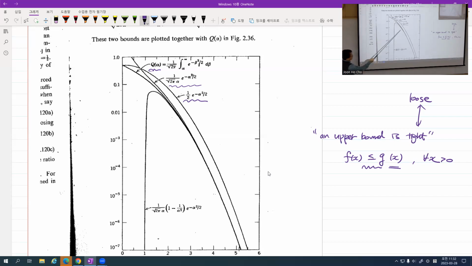However, if alpha becomes larger and larger, slightly larger than 2 or 3, then the lower bound is also tight enough for engineering application. I'm not claiming, and I do not remember whether these 2 bounds are really tight, but it seems that's correct. Anyway.